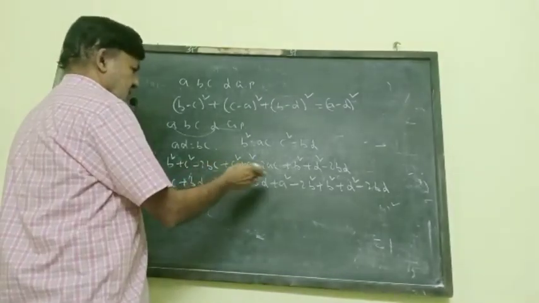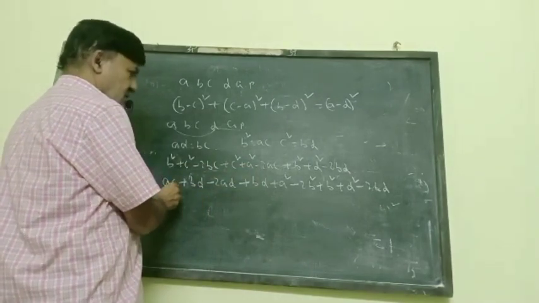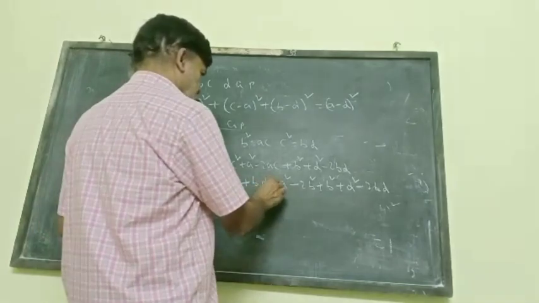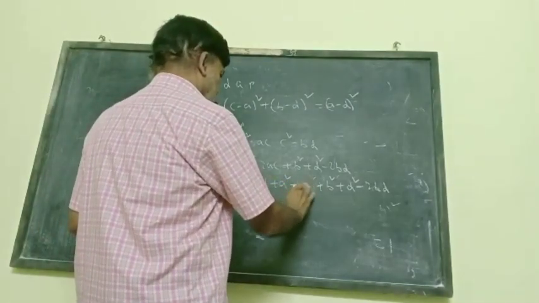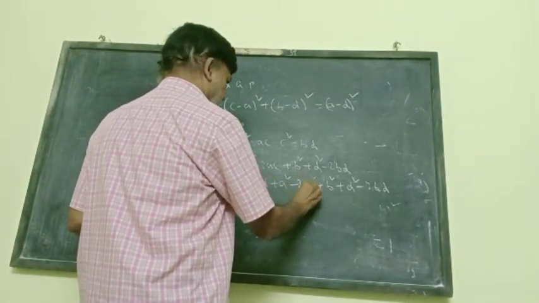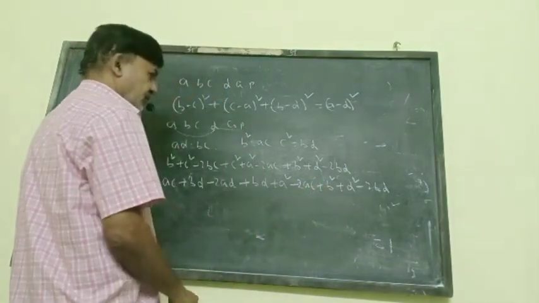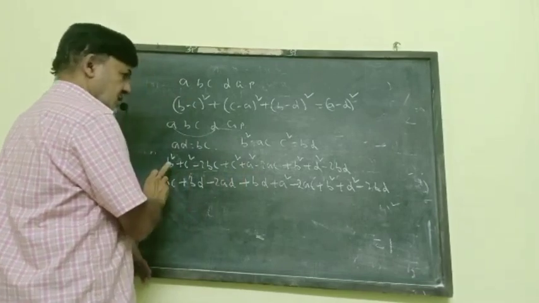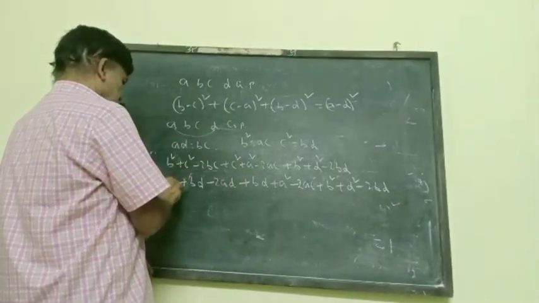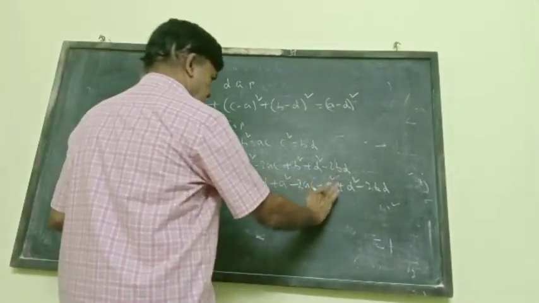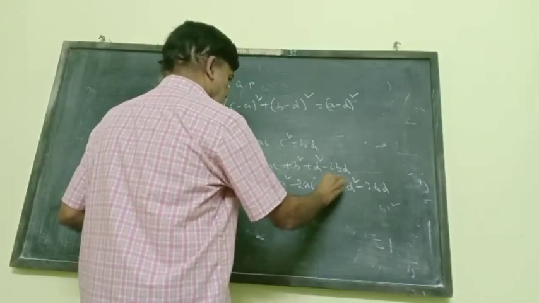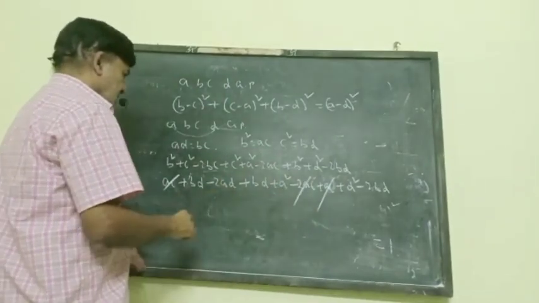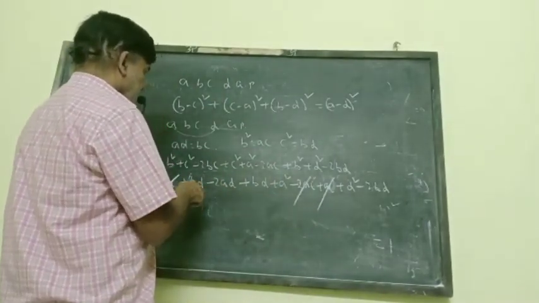B square is AC, so 2AC is there. Here B square is also AC, so they will cancel. Similarly C square is equal to what?